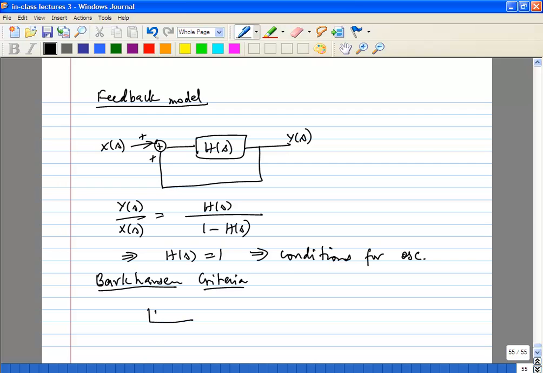So in other words, the amplitude should be 1 and the angle should be 360 degrees, and these are both valid at S equals j omega naught, where omega naught is the oscillation frequency.